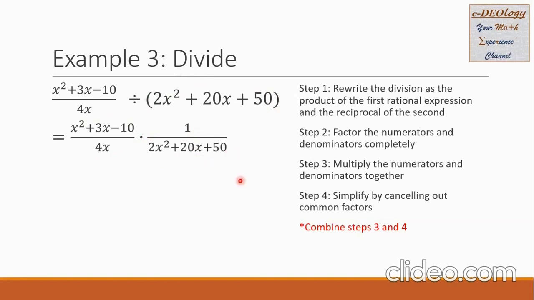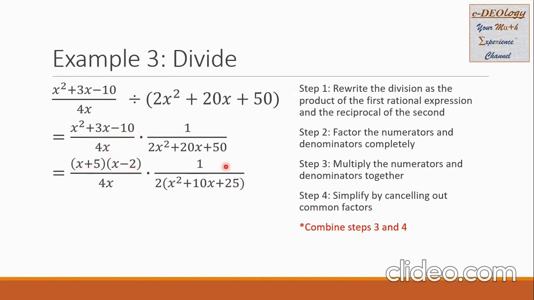I will go to step 2 to factor the numerators and denominators completely. The numerator x squared plus 3x minus 10 becomes the product of x plus 5 times x minus 2. And then I will just copy the 4x down here.